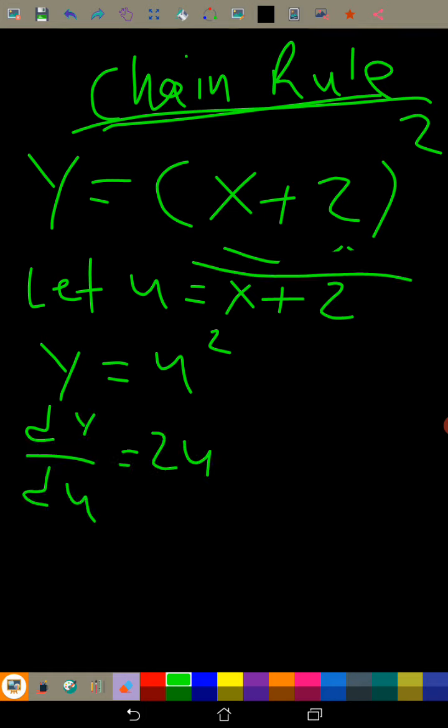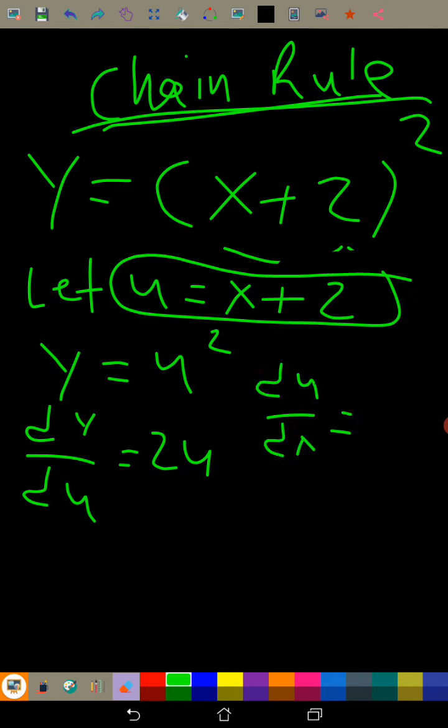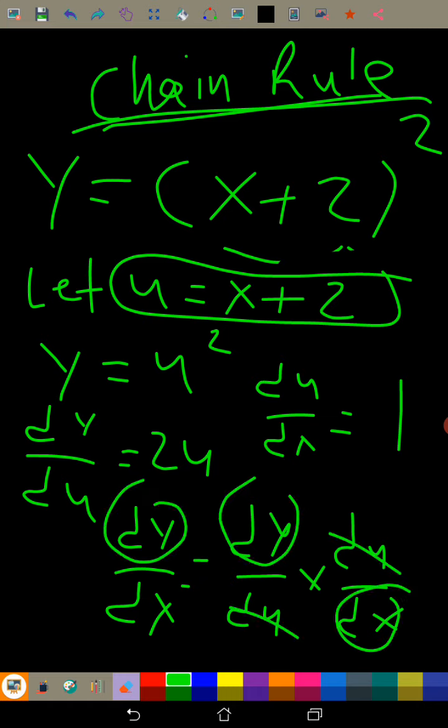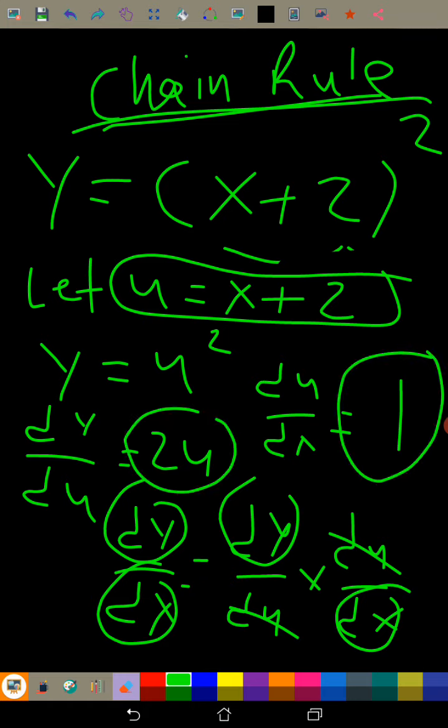Now because we have this new equation, du by dx is going to give you 1. To get dy by dx, you take dy by du multiplied by du by dx. This will cancel, which gives you dy by dx. So you have to multiply 2u to this.